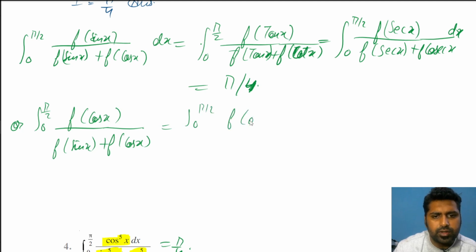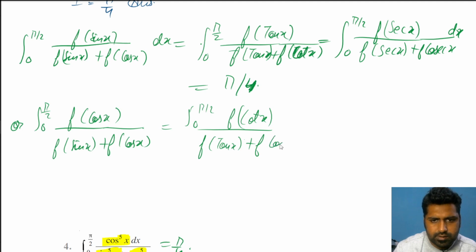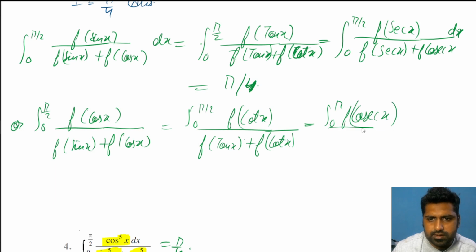Instead of tan in the numerator, you can have cot also in the numerator. Tan x plus f of cot x, 0 to pi by 2. Cosec x can also be there, function of cosec x upon the same function of cosec and sec.